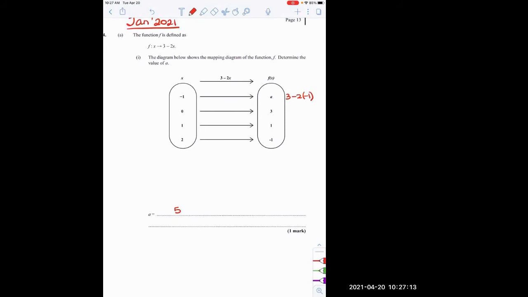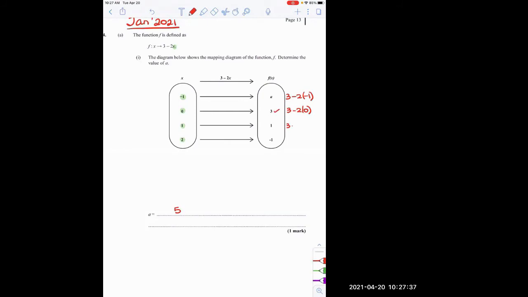All right. So take it down, those of you who didn't get it. It just means that we substitute or replace x with the corresponding values. So we have 0. For this one, it will be just 3 minus 2 by 0. And we know that any number multiplied by 0 will give me 0. So hence I will get 3.